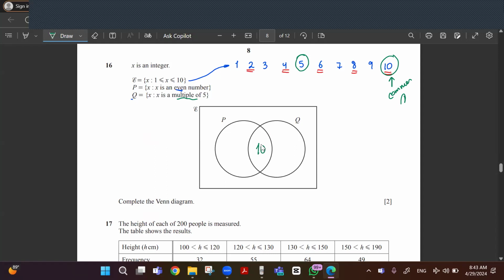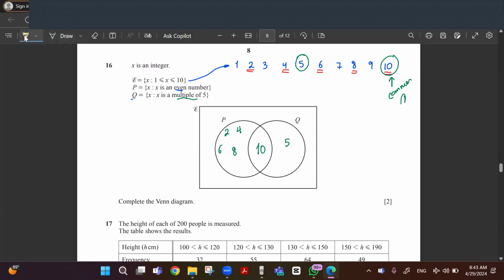Then for B as even numbers, write all the rest in the circle of B here. I have 2, I have 4, I have 6, all the underlined numbers without the 10 because the 10 I already wrote. And then 8. And then for the Q, all the circled numbers. I have here 10, so the missing is 5. Did I finish?